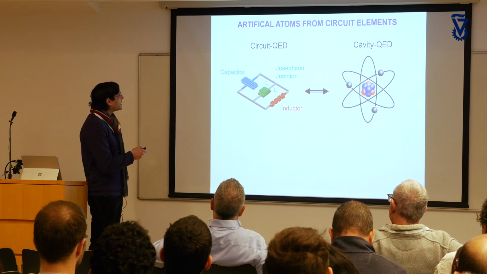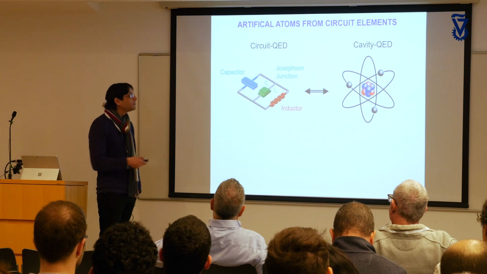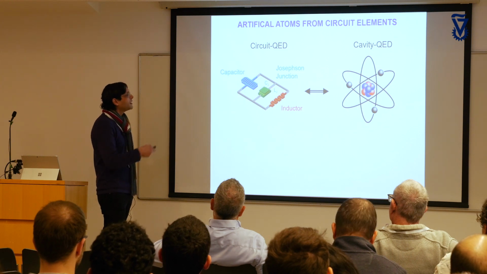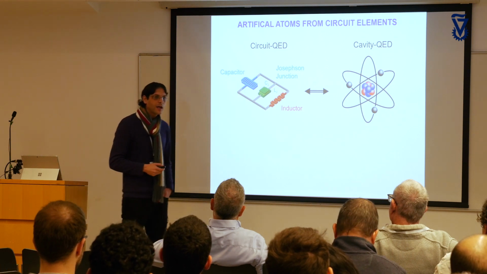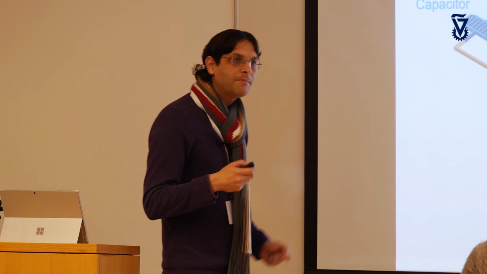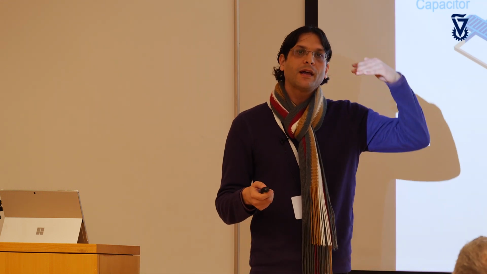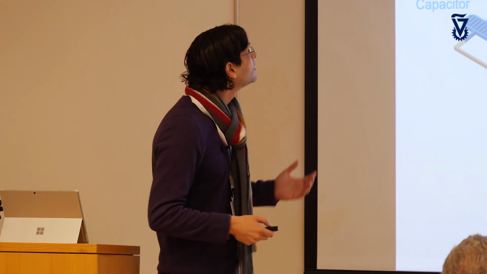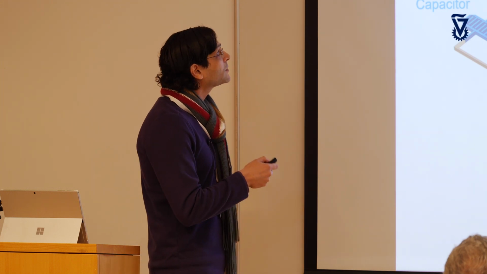We take elements, capacitors, inductors, and an additional element called a Josephson junction, and we build these little circuits. They're made out of a macroscopic number of atoms, so 10 to the 23 atoms. But these 10 to the 23 atoms mimic real atoms, in the sense that you have quantized energy levels, which are not equally spaced. So these are kind of artificial atoms made from these circuits.